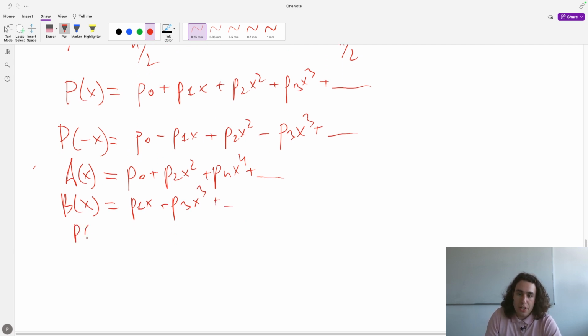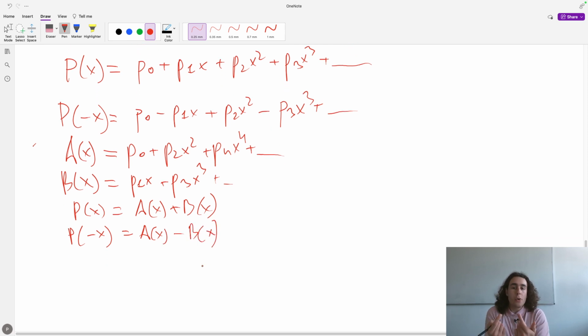And then we know that p of x is a of x plus b of x, and then p of minus x is a of x minus b of x. So knowing the values of these two polynomials only in the positive x gives us the value of the whole polynomial in both negative and positive.